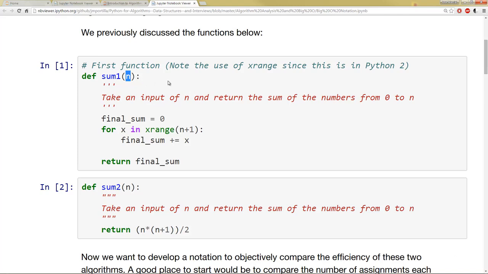They could take very different run times. But if we get some sort of Big O notation that's in terms of the input, we can objectively measure it across any sort of input. That's where this n is going to come into play, and we'll see that when we formalize the notation.